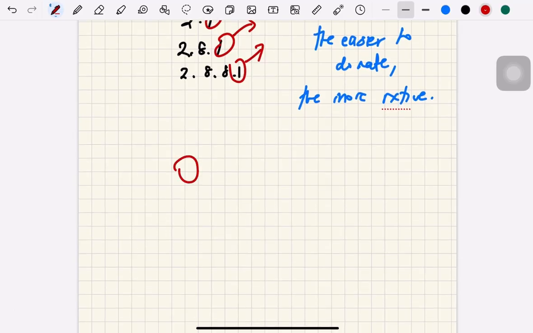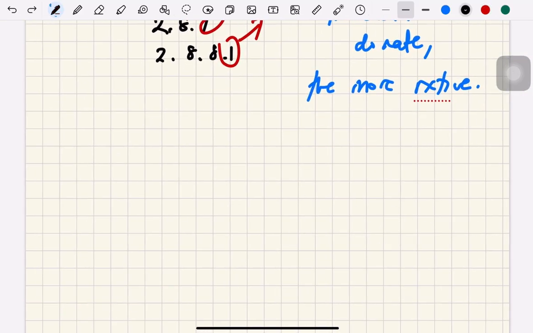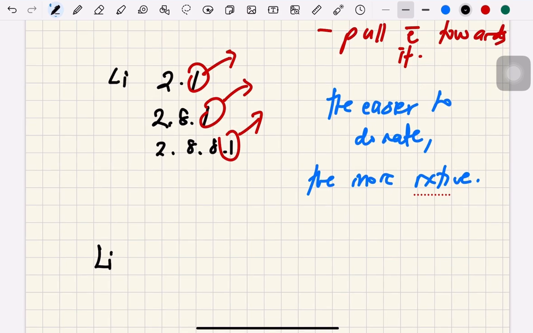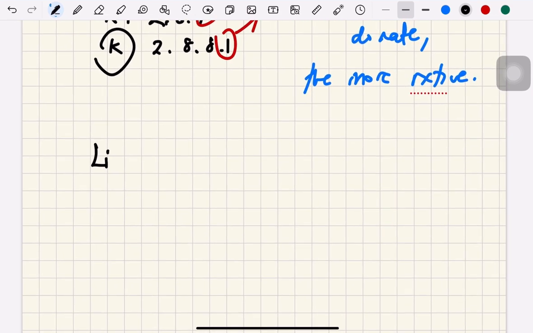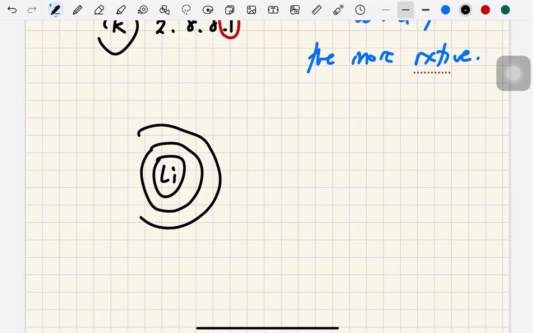if we were to draw the electron arrangement of lithium, okay, I'm going to compare only two, lithium and potassium only. Okay, alright, let's see. If we were to draw lithium, I'm going to draw small. 1 2.